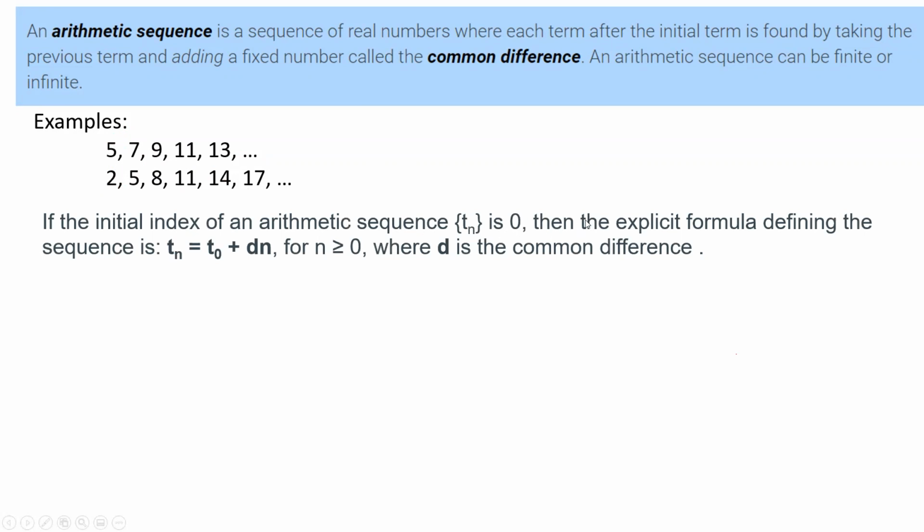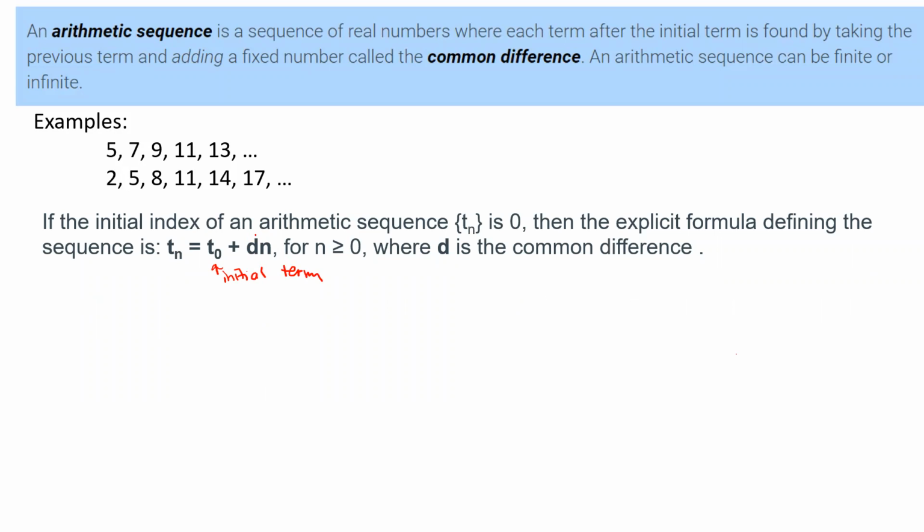And just like for the geometric sequence, we can come up with an explicit formula for an arithmetic sequence, and it would look like this. Now they've decided to start calling their sequences T. So T is going to be the sequence, and T naught represents our initial term.